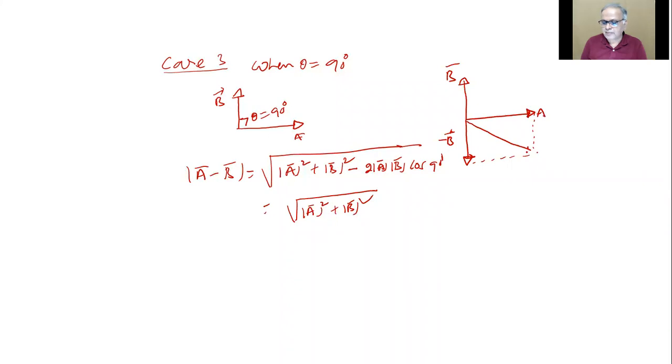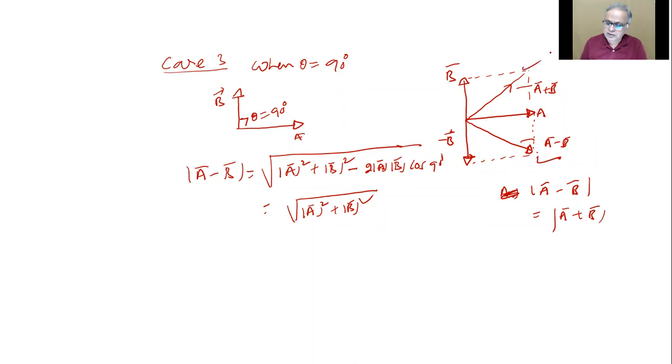This is my A minus B. You know very well this was A plus B. Though the magnitude of both of them is, look, mod of A minus B equals mod of A plus B here, but this vector is different from this vector. Both the magnitudes are simply under root mod A square plus mod B square only.